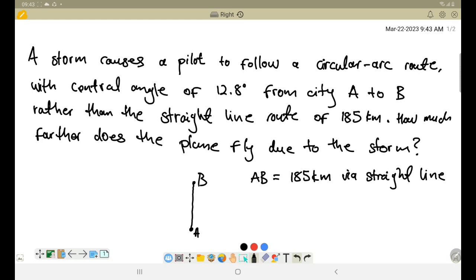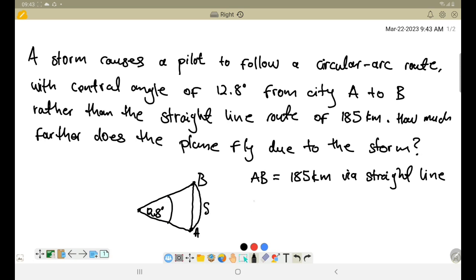So we want to find out this. We can say it's an arc which he took, which is a circular path route, but they say that this path has a central angle of 12.8 degrees.